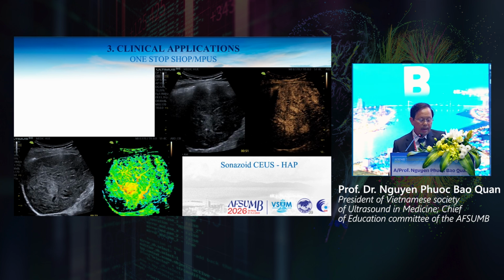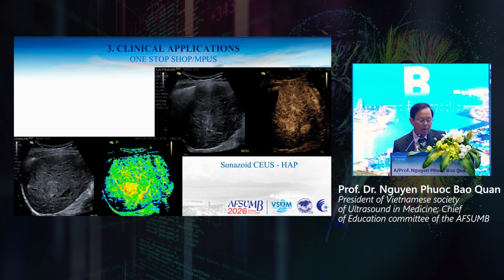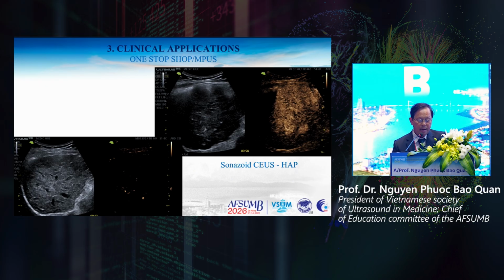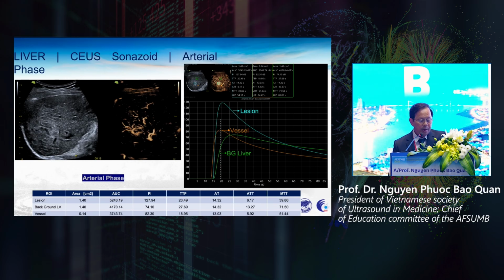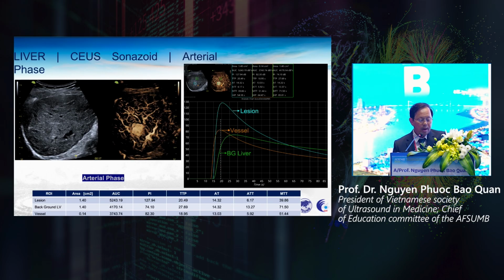With this technique, you can see the arterial phase with very high sensitivity, especially specific to the diagnosis of liver disease. In this case, we do dynamic CEUS.